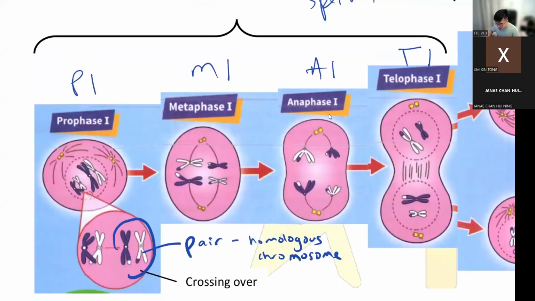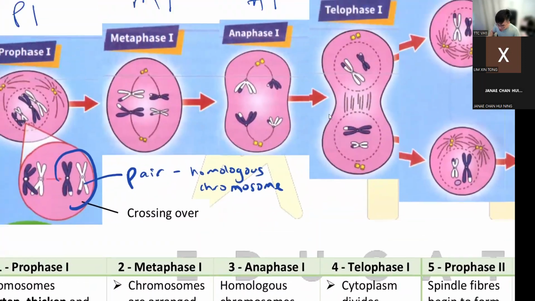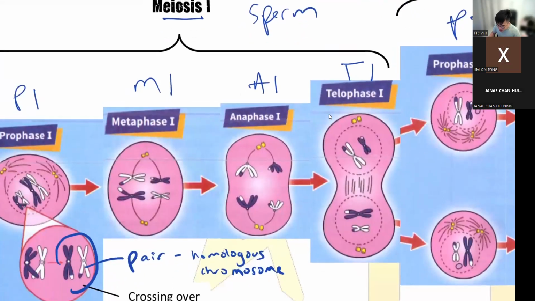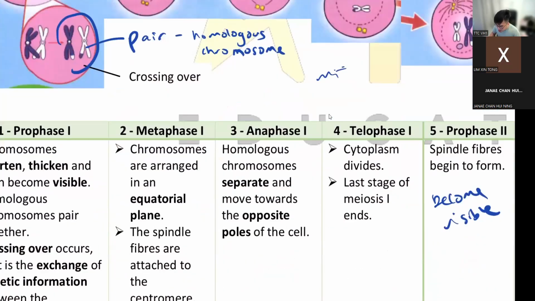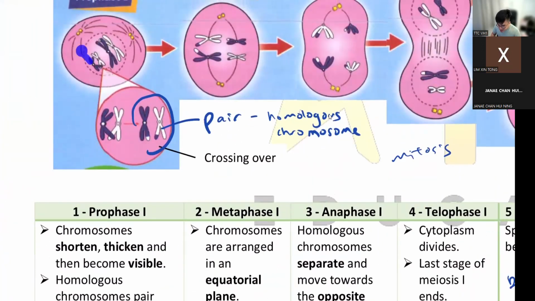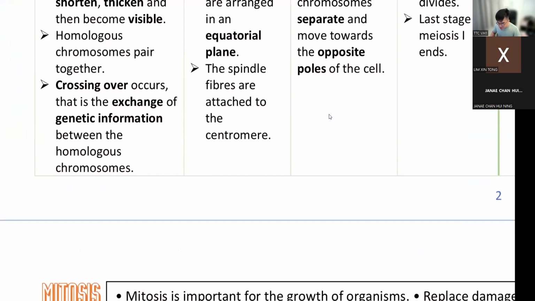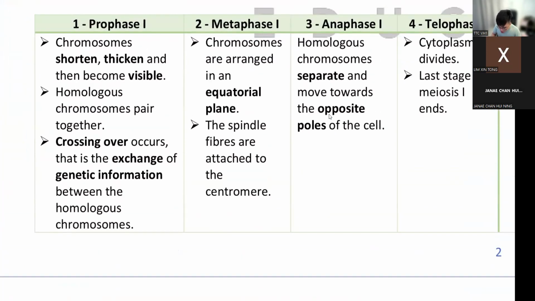Okay, so that means, to make your job even simpler, in meiosis 1 you can write back what you have for mitosis. You just change chromosome to homologous chromosome. You remember what happened at prophase? Chromosome become visible, right? So you just change a bit: homologous chromosome become visible.